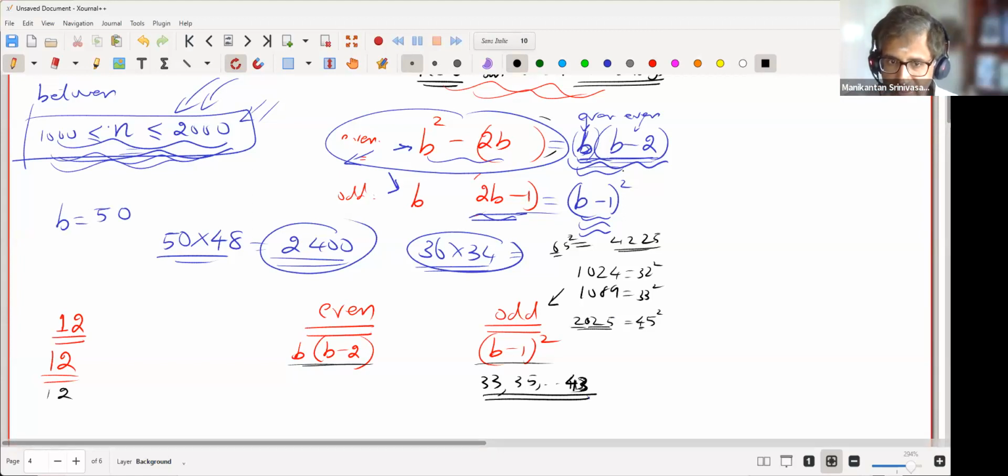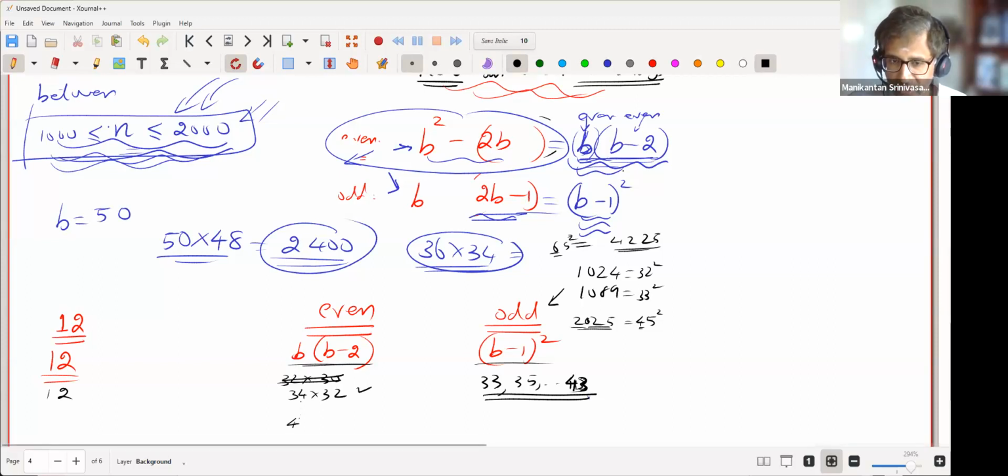For the even cases, if you do 32 times 30, if b is 30, then that's 960. That's falling short. If you do 34 times 32, that should be fine, right? Because that's 33 plus 1 into 33 minus 1, so it's 33 square minus 1. So that'll work, and then all the way we can try till 44 times 42.